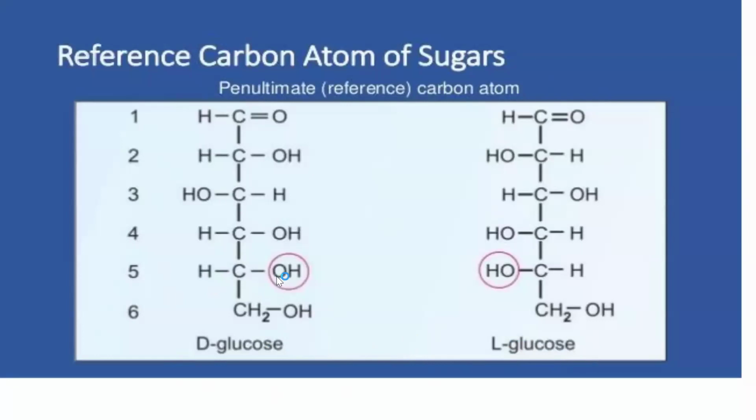At carbon 5, in the case of D-glucose, the OH group is on the right, while in the case of L-glucose, the OH group is on the left. So that is how these sugars differ.